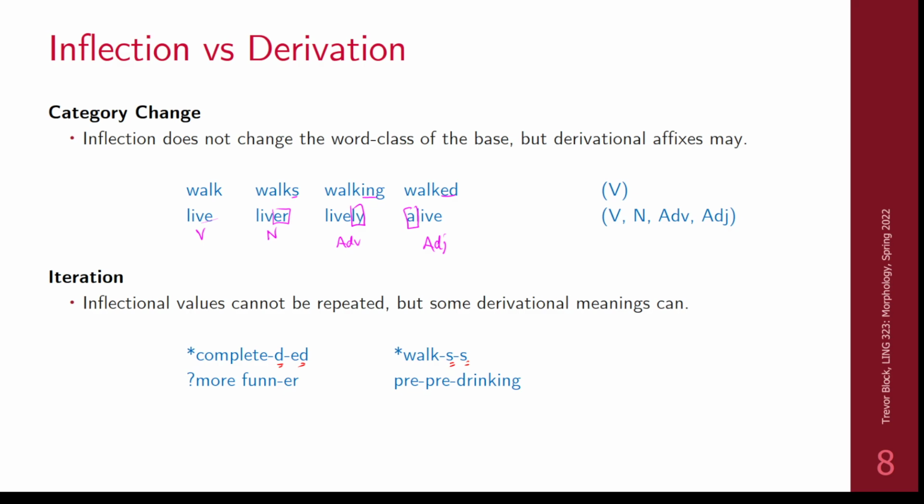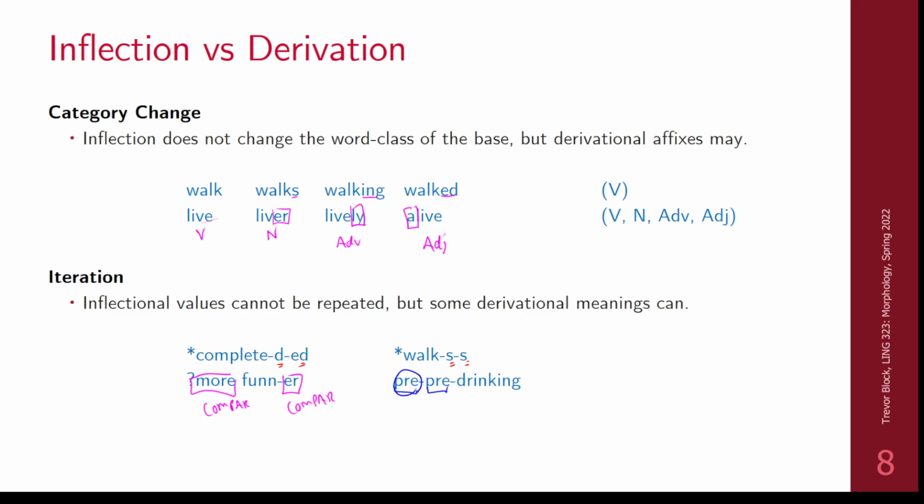Derivation, though, is fine. So we hear more funner in conversations sometimes. And this is, okay, you have the comparative meaning twice. You have comparative on more, and you have the er on funner. So this is repeated meanings, not necessarily a repeated morpheme, or a repeated morph, so the same form. But you can do something like pre-drinking, or pre-pre-drinking, or pre-pre-pre-drinking, and so on.